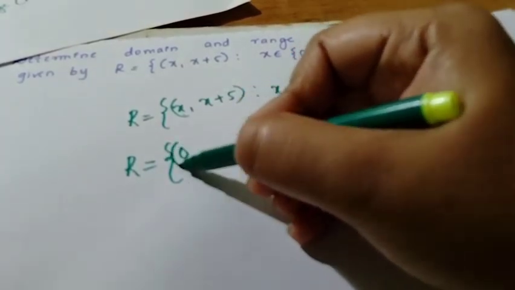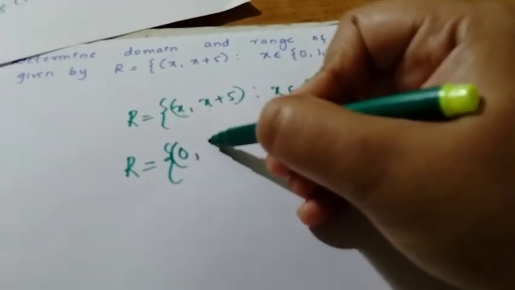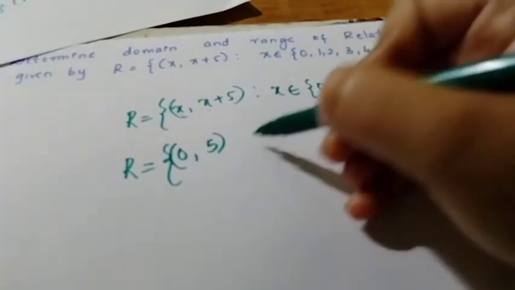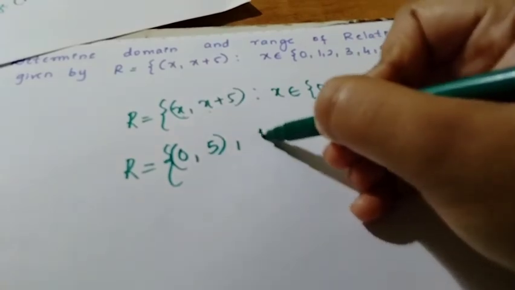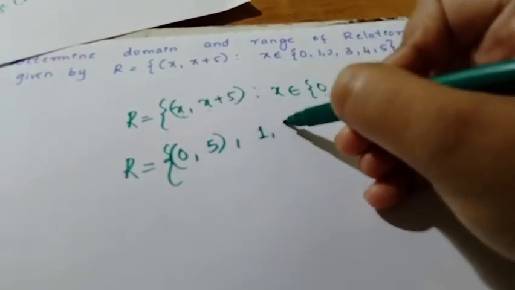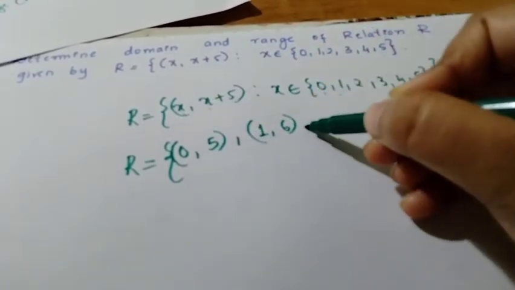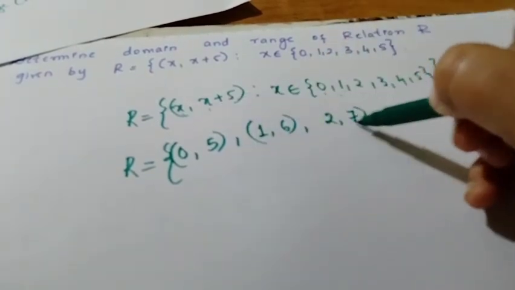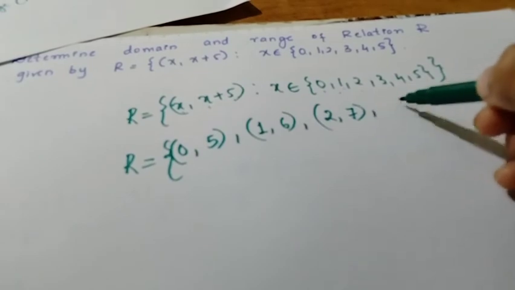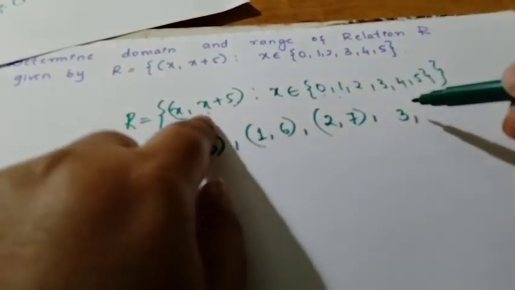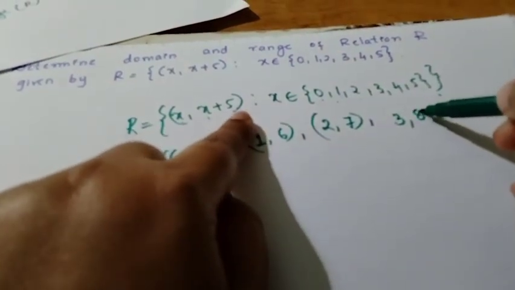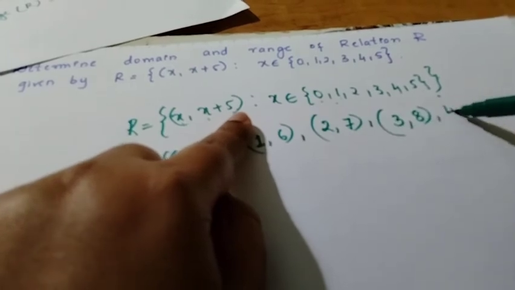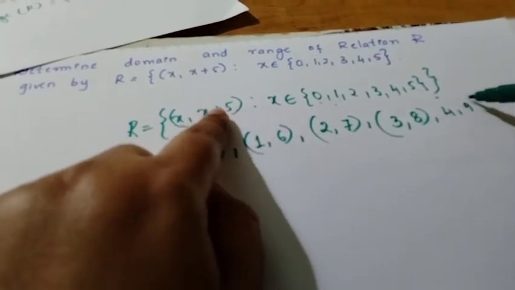So first take 0. 0 plus 5 will be 5. Next, take the element 1. 1 plus 5 is 6. Next, take the element 2. 2 plus 5 is 7. Next, take the element 3. 3 plus 5 is 8. Next, take the element 4. 4 plus 5 is 9.